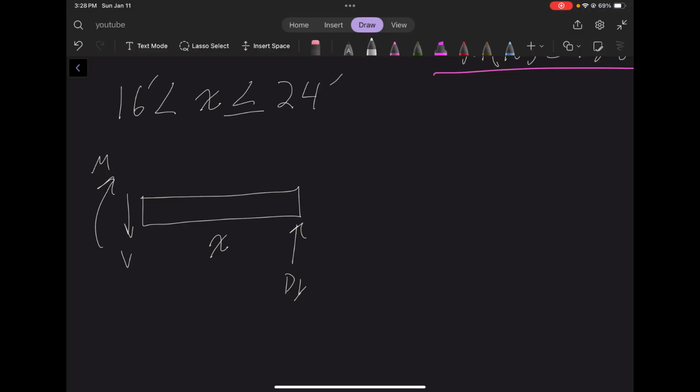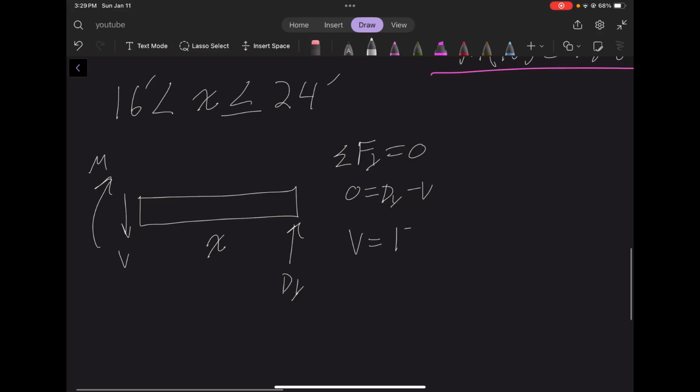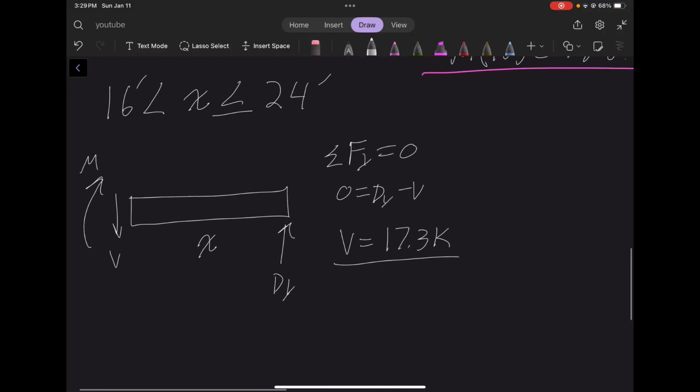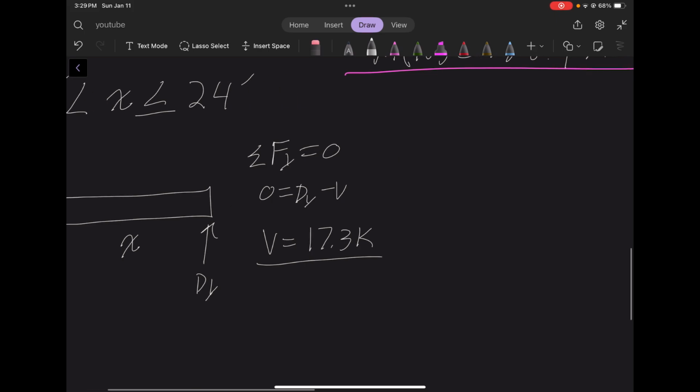Using statics, sum of the forces in the y equals 0. 0 equals DY minus V. So the equation for the shear going from the right side of the beam is equal to 17.3, which is the reaction at DY. It's one of the first things we solved for. And you can also integrate this, and you can also solve for the moment, just as we did using statics about this point here.